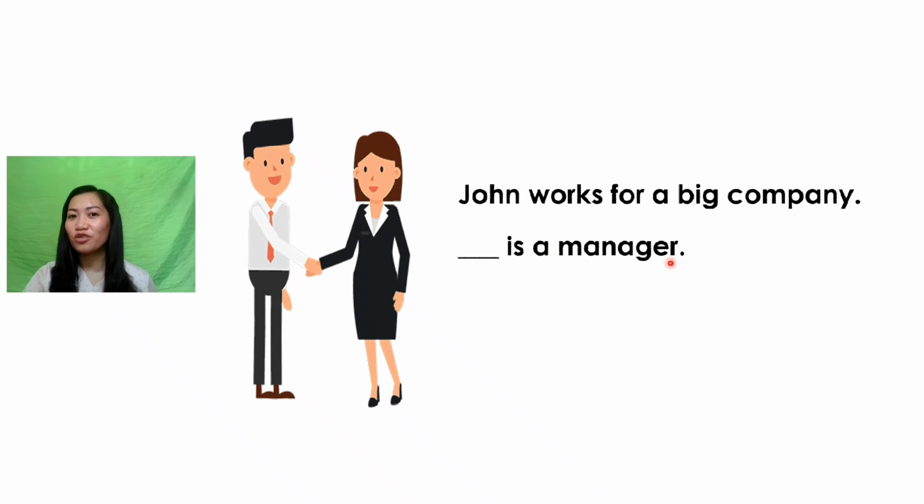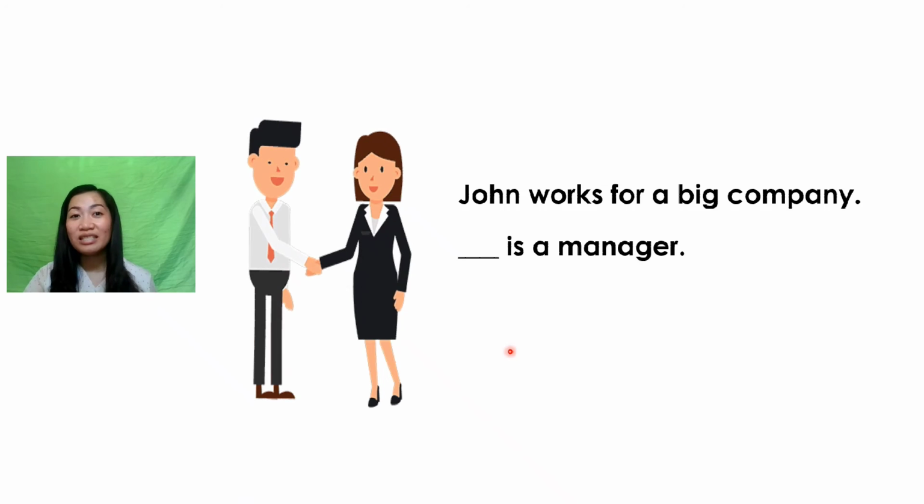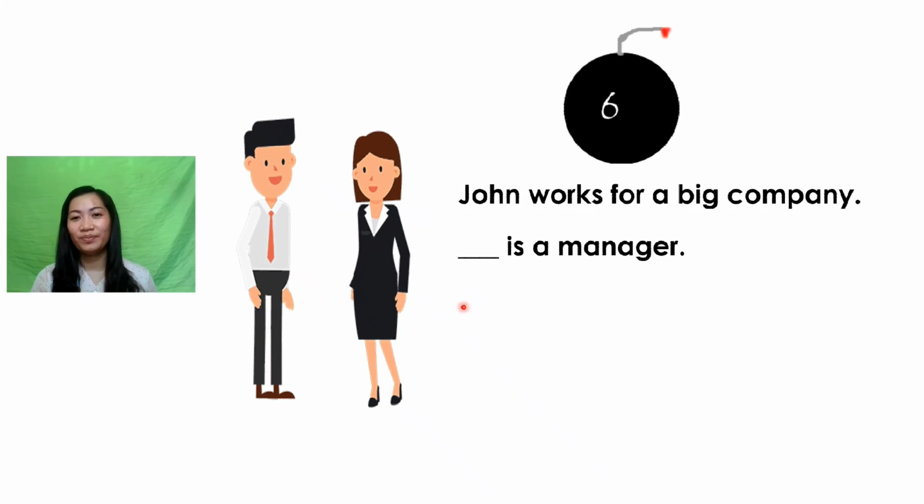Blank is a manager. First thing that you have to consider is to find where the subject of the sentence is. Again, you have to find it first, so you can decide what pronoun you are going to use in the second sentence. Are you ready? Time starts now.